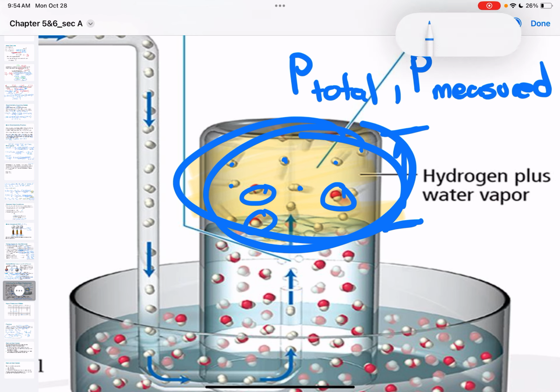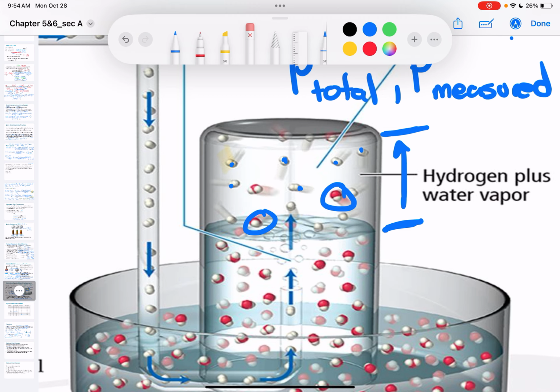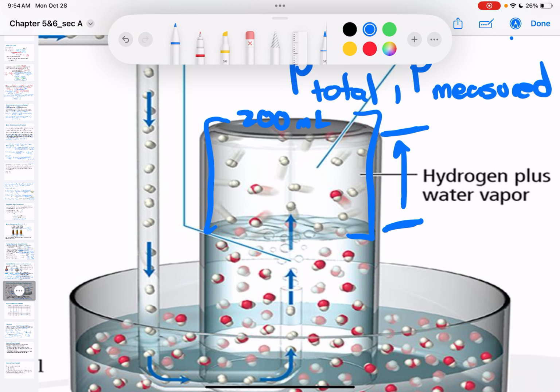Like, let's say that this container area was, I don't know, 200 milliliters. Maybe the gases contribute like 0.05 milliliters, but that's not a big contribution.